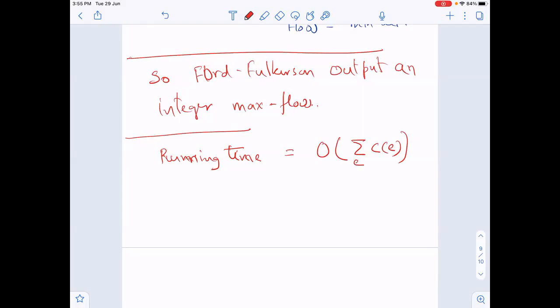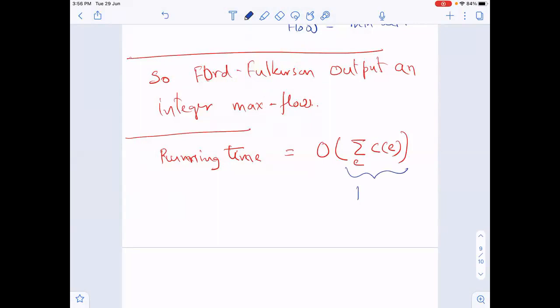Now, let me ask you, do you think this algorithm is a polynomial time algorithm? It depends on the number of bits. See, again, this is something similar to what was done earlier. The C's are integers, right?